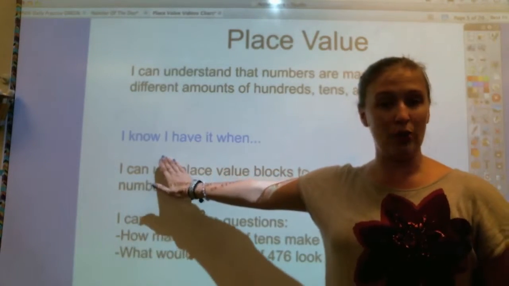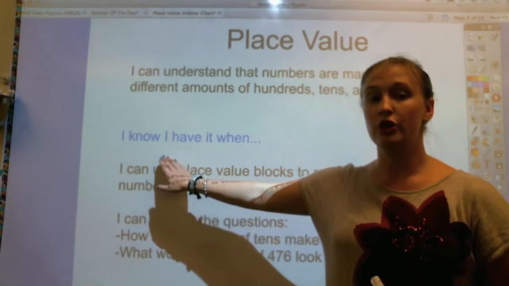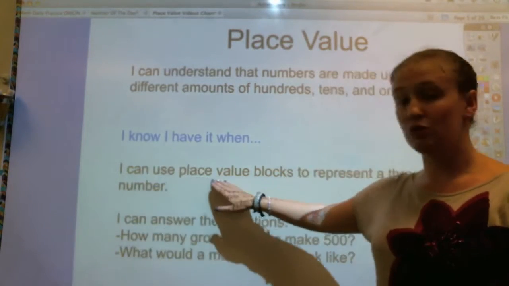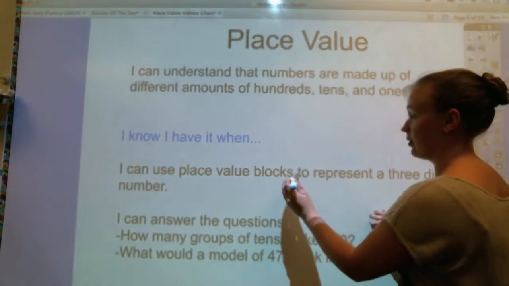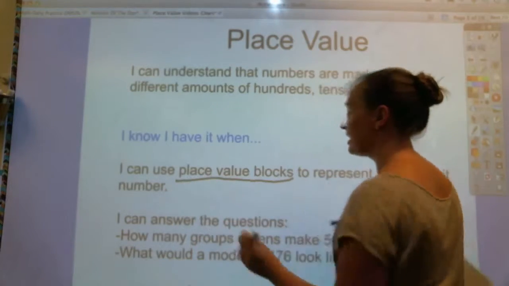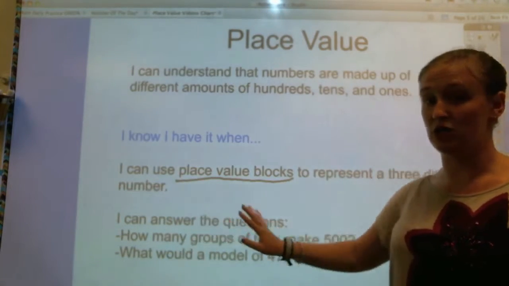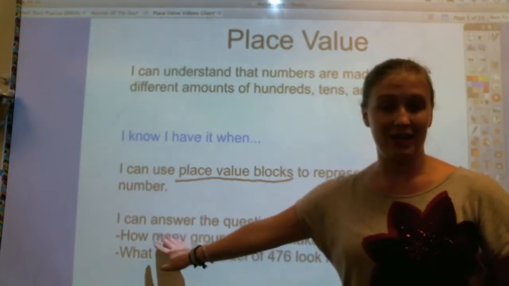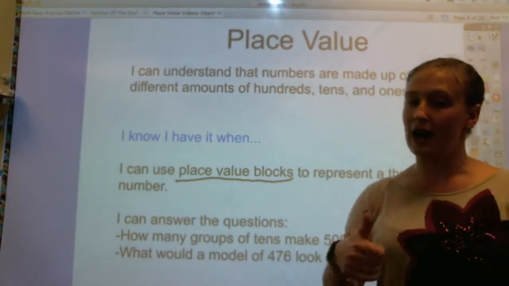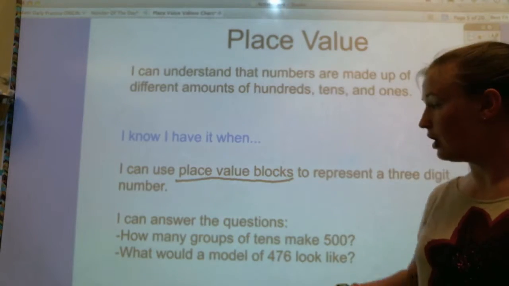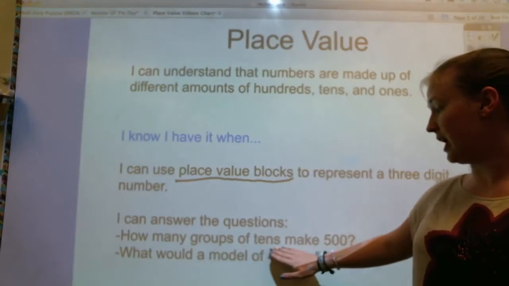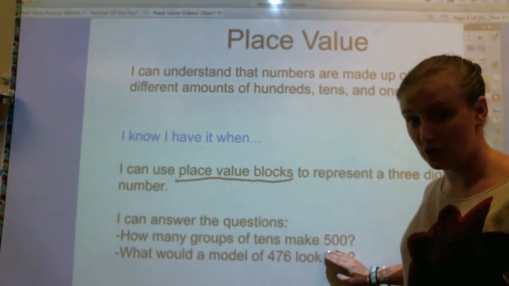Our way we know we have it has changed, so let's look. I can use place value blocks, important words, place value blocks to represent a three-digit number. When I can answer these two questions, I know I have it mastered. How many groups of tens make 500?